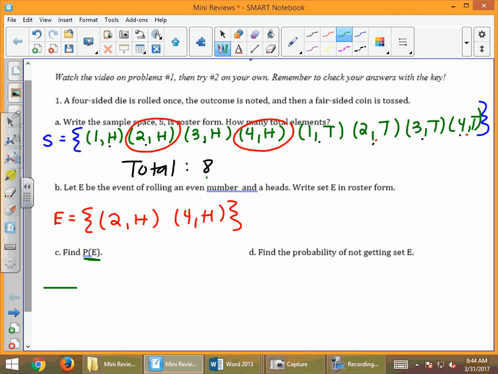So we said there were 8 total from A. Then what you need to do is find out how many are in set E. There's 1, 2 outcomes that are in set E. Simplify the fraction. 2 over 8 simplifies down to 1/4. And 1/4 as a decimal is 0.25.